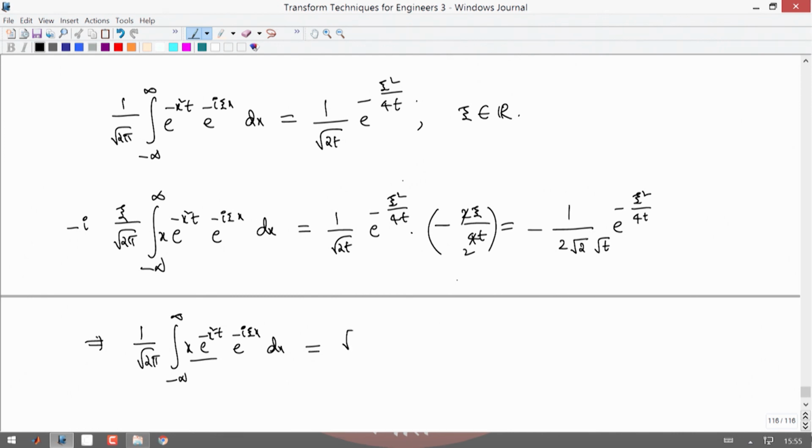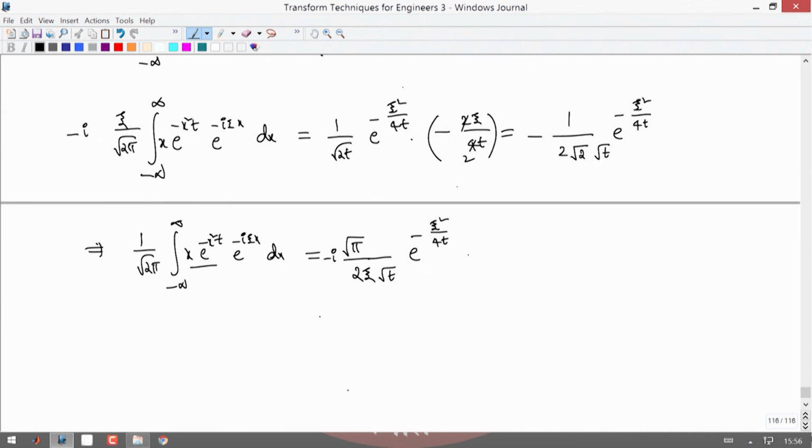So, you have a root pi comes out this side, divided by 2 and divided by xi, and you bring this divided by minus I, so you have minus I, root t is here, and you have e power minus xi square by 4 t. So, this is exactly what you have.